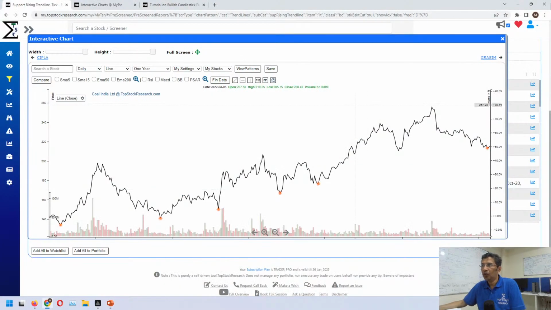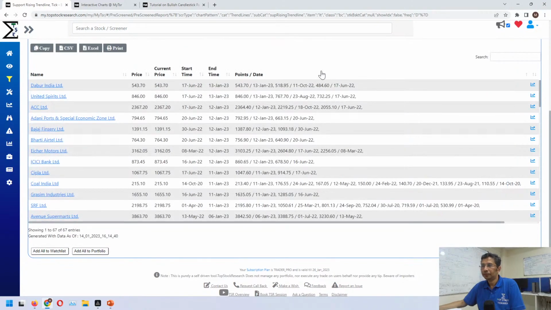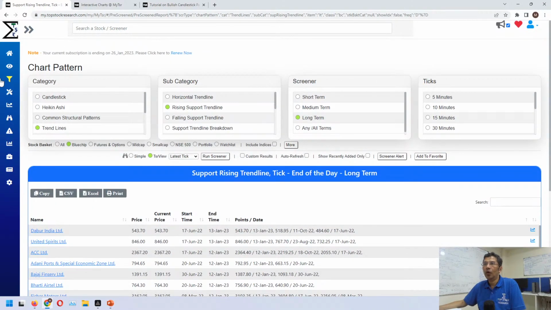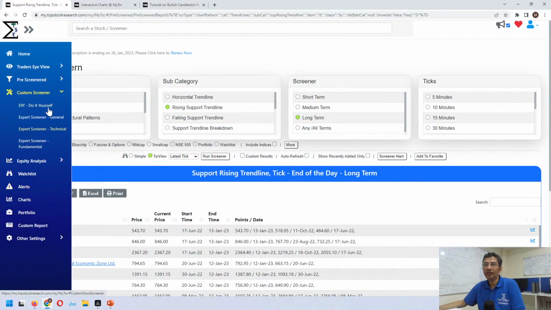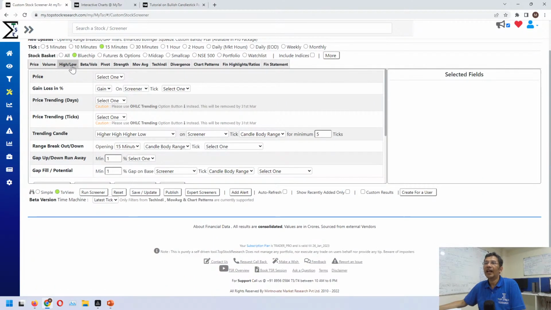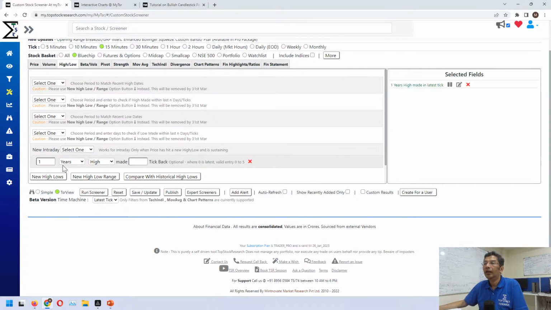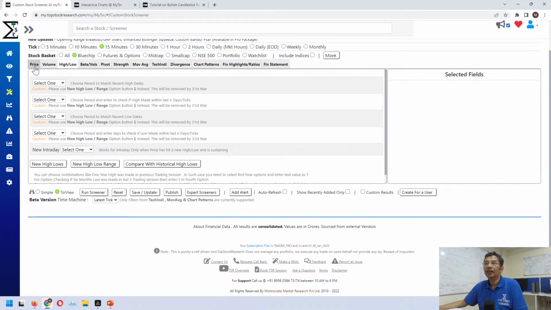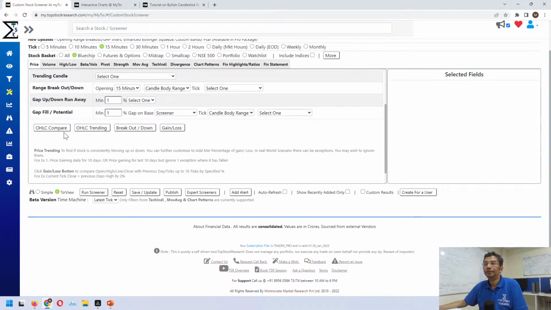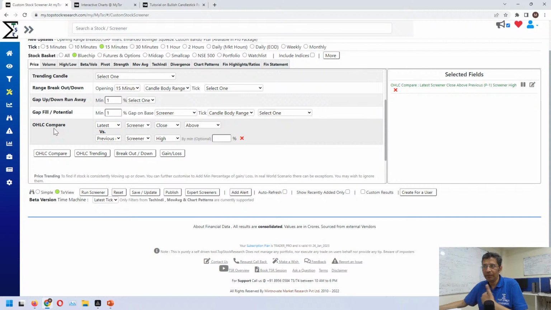Another example of OHLC compare I'll tell you is, basically you can go to the DIY screener and say, maybe over here is the latest candle. Very simple, you can make a lot of different things.